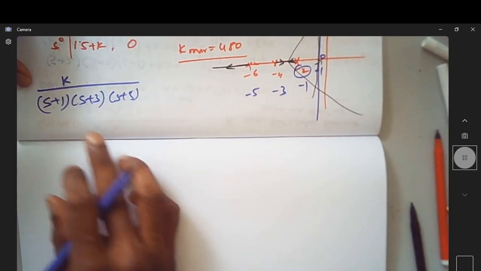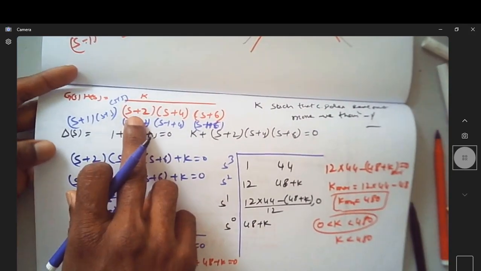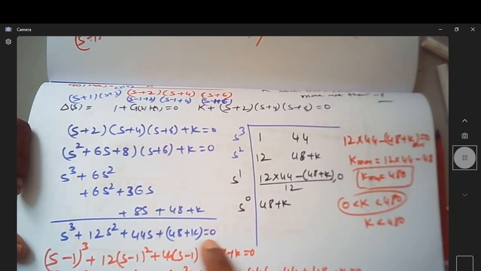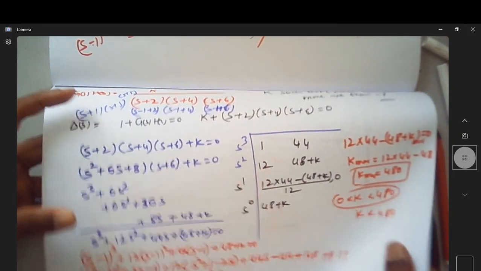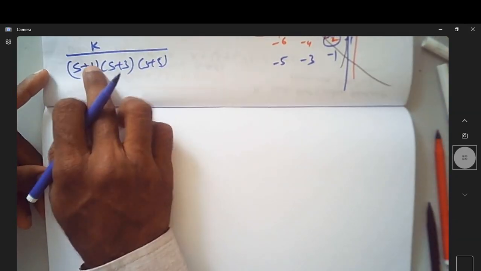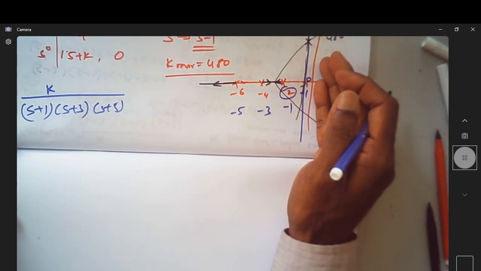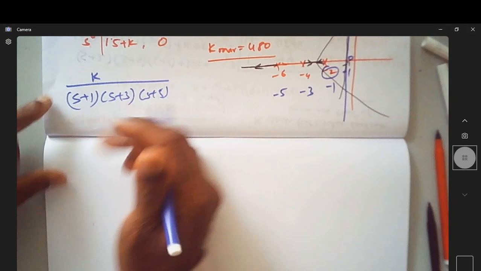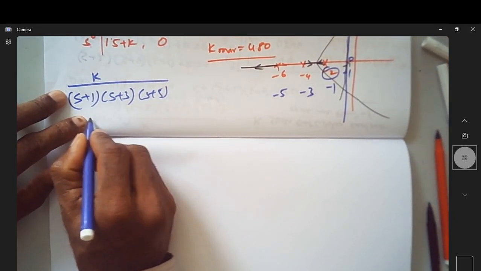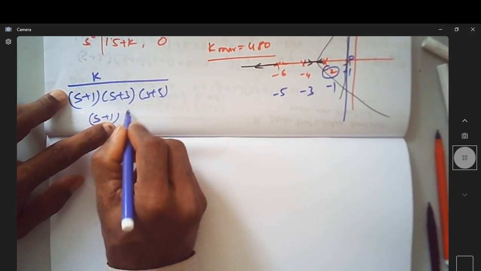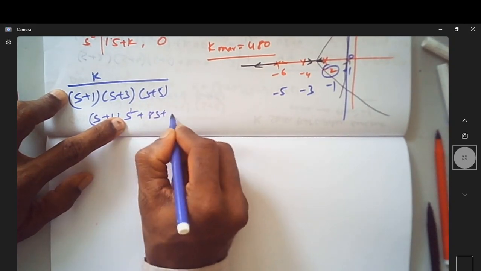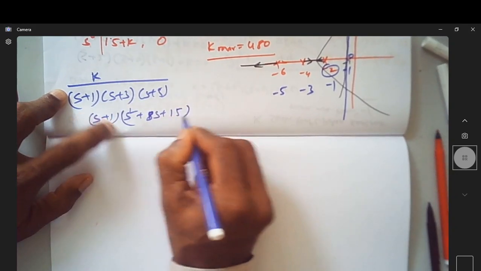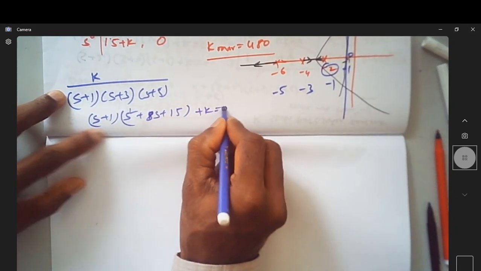So that's why, instead of replacing it here, we are replacing s by s minus 1 in the characteristic equation. Let us prove that for this transfer function with the imaginary axis shifted by 1 unit, the k margin should be 192. So it's now s plus 1 into s square plus 8s plus 15, plus k equal to 0, my characteristic equation.